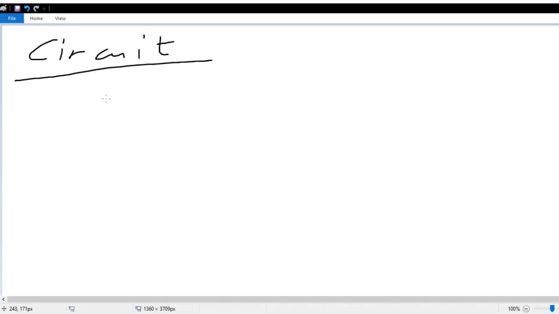So we continue looking at electricity, and today we're going to start with a circuit. A circuit is defined as a path between two or more points along which electric current can be carried.